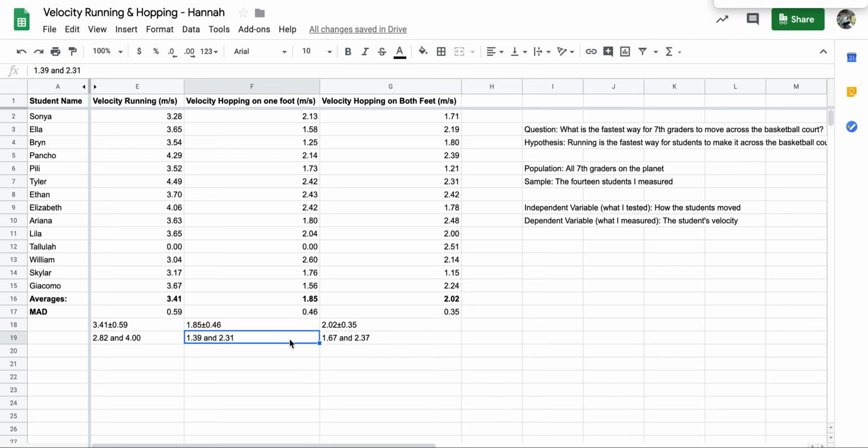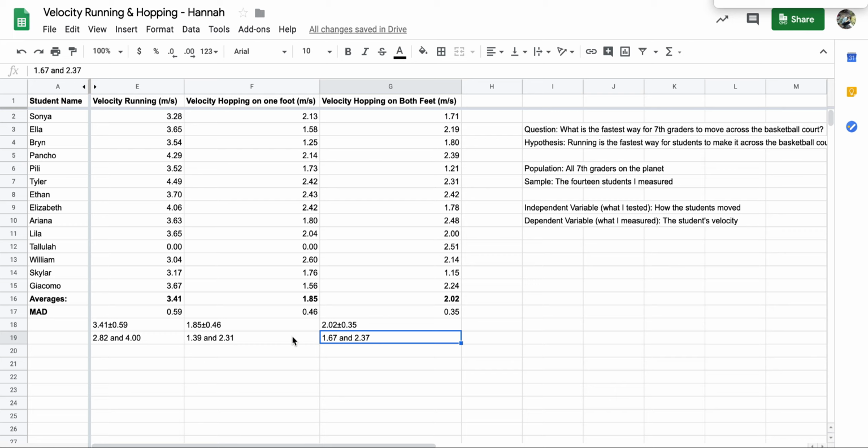However, if I compare the velocity of students that are hopping on 1 foot versus hopping on both feet, sure, my average for hopping on both feet was slightly bigger than my average for hopping on 1 foot, but once I take that variation into play, well, maybe my velocity hopping on 1 foot is as low as 1.39, and my velocity for hopping on both feet is as high as 2.37, so hopping on both feet could be faster.